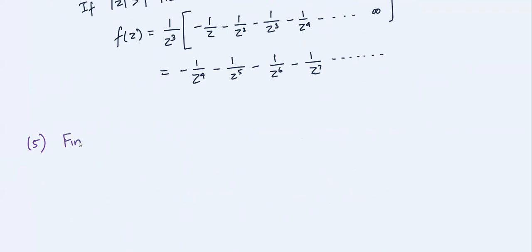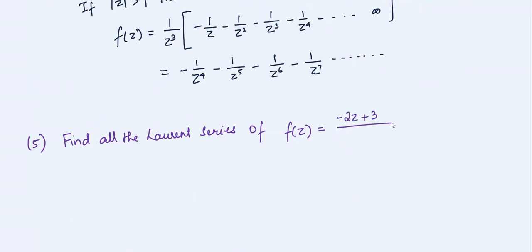Another important one: find all the Laurent series of, now this is a different question, f of z is minus 2z plus 3 upon z square minus 3z plus 2 with center origin.